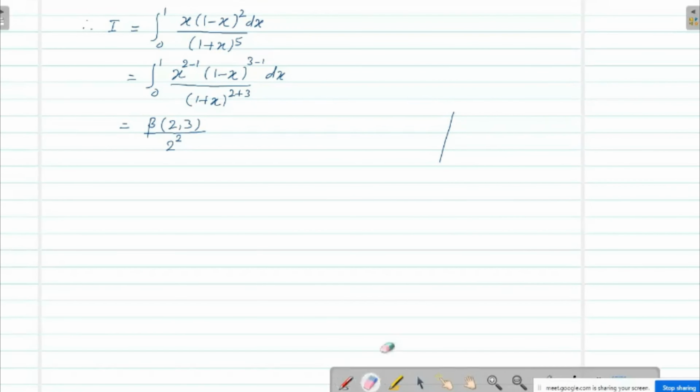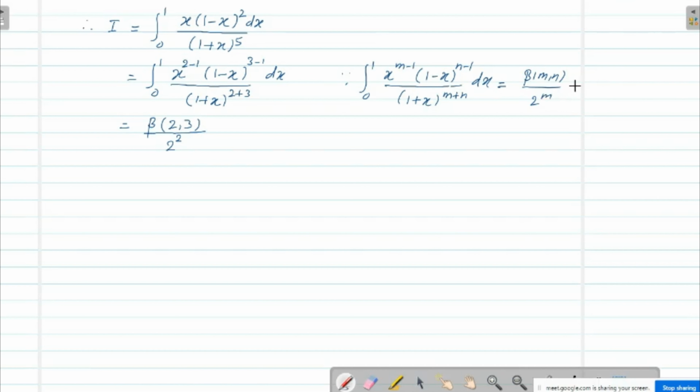Because I am using this formula: the integral from 0 to 1 of x^(m-1) (1 + x)^(n-1) ... divided by (1 + x)^(m+n) dx equals Beta of (m, n) divided by 2^m. I am using this result, so just apply it.